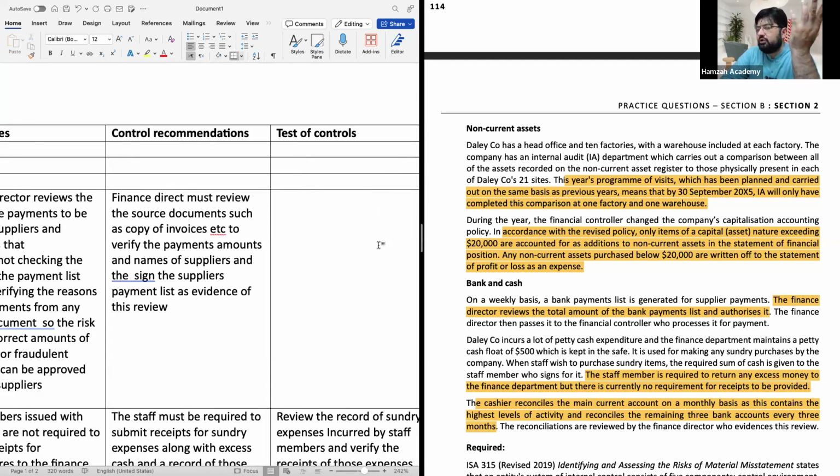Very easy to write test of control. Now, you will tell me the test of control. Be quick. Give me the test of controls, please.